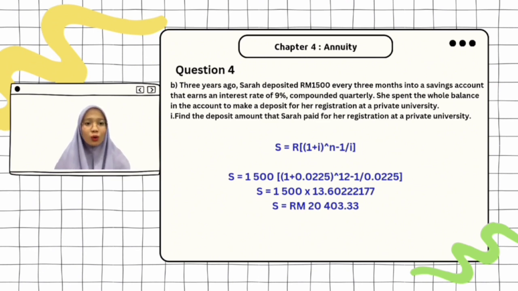So S equal to 1,500 ringgit bracket 1 plus 0.0225 to the power of 8 minus 1, divided by 0.0225, where i stands for 9% divided by 4, which is the rate divided by the compounding periods, and n stands for m multiplied by t. We solve the bracket first, then multiply the answer by 1,500 ringgit. So the future value is 20,403 ringgit 33 cents.